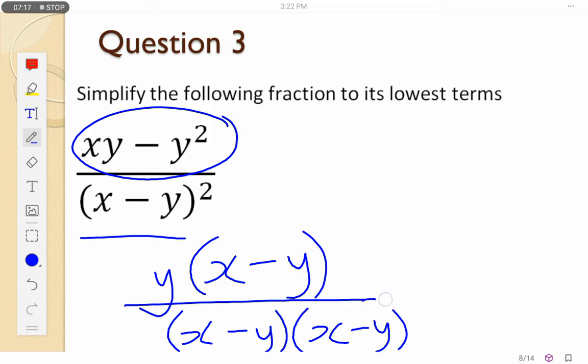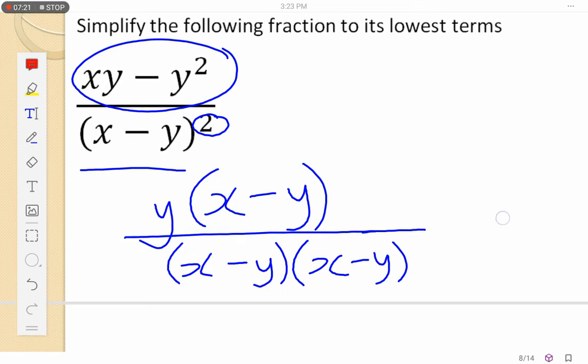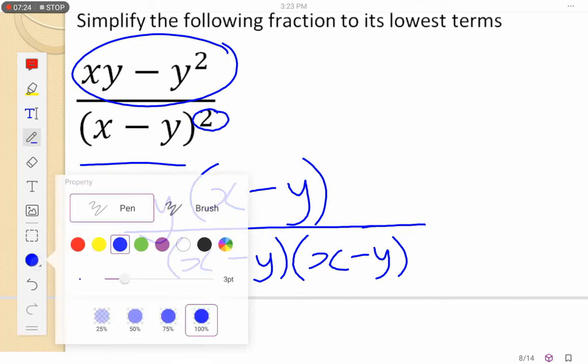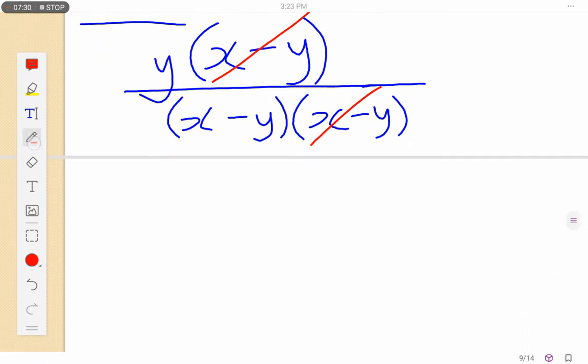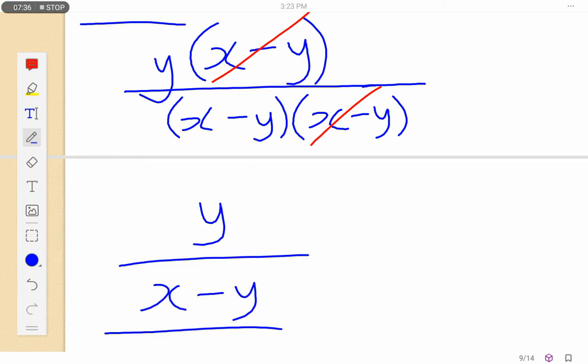That's where we have our squared there. That's how I have rewritten it. With that having been done, I can simply cancel off these ones and remain with y over x minus y as my final answer.